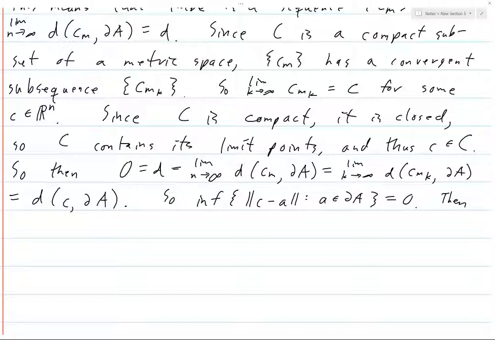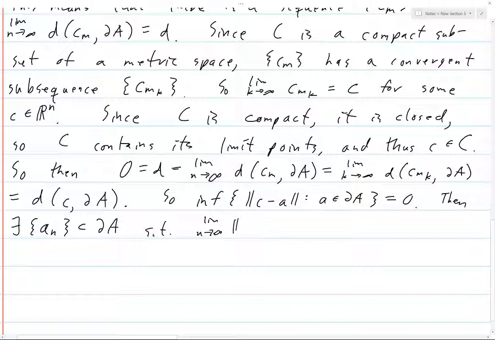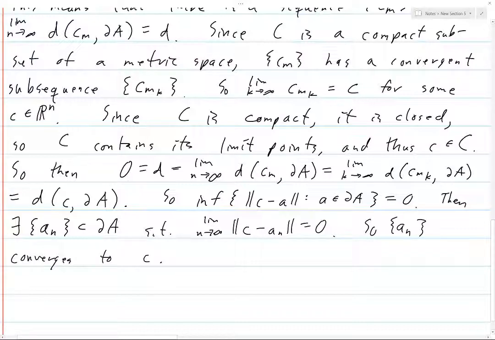Let's see here. Oh, right. Okay. Then there exists a sequence a_n in ∂A such that the limit as n goes to infinity of ‖c − a_n‖ equals 0. This is equivalent to saying that the sequence a_n converges to c.